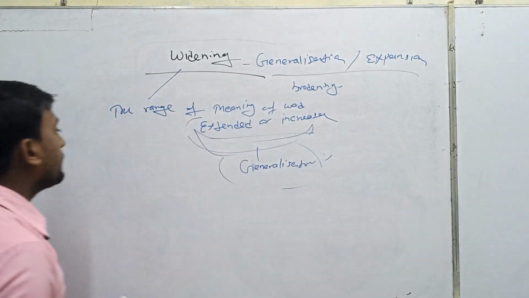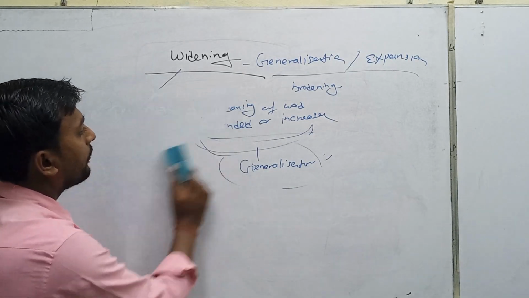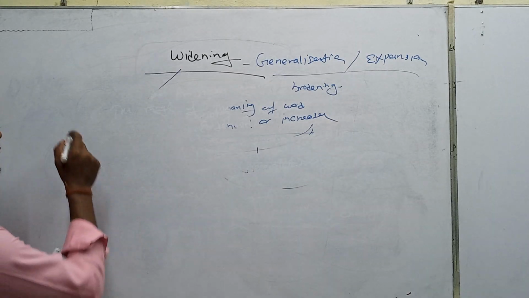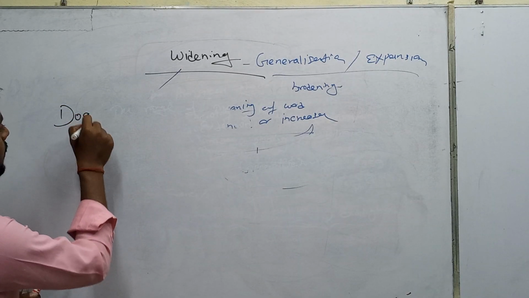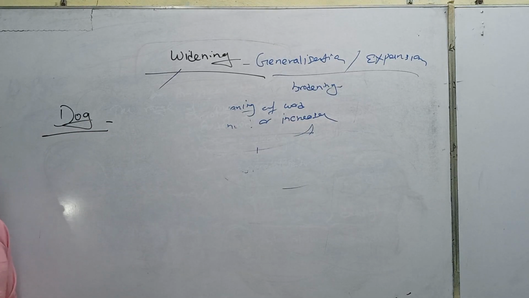Let's look at some examples so that you may understand widening. The first example of widening is dog.